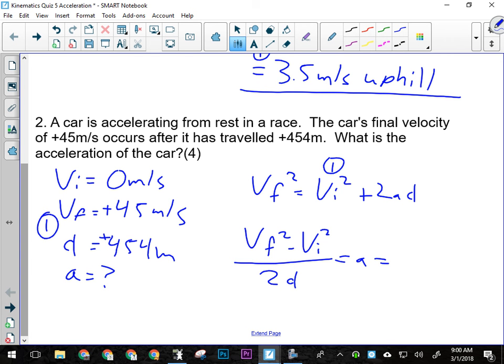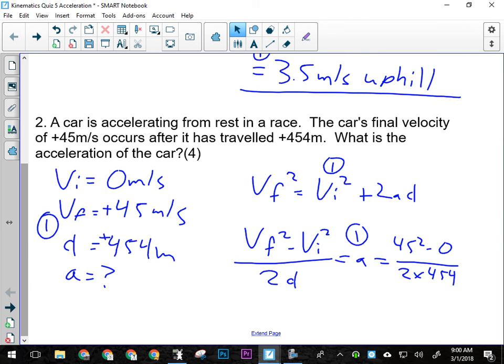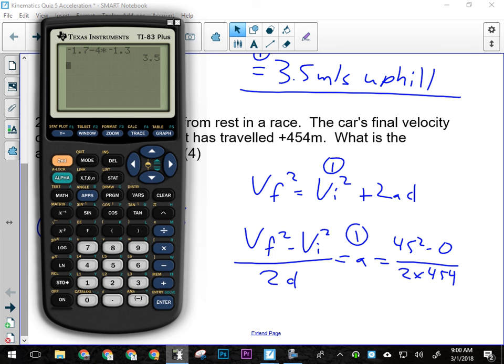If they've got the numbers plugged in, then that is 45 squared minus 0 divided by 2 times 454. So 1 mark if they've got something like that. And so we'll have 45 squared divided by 2 times 454.